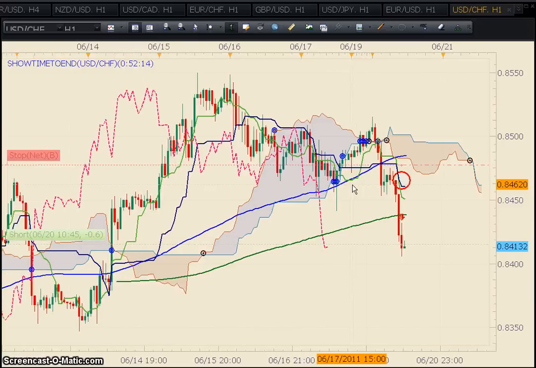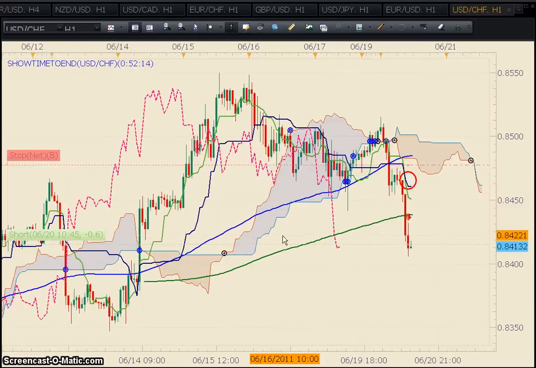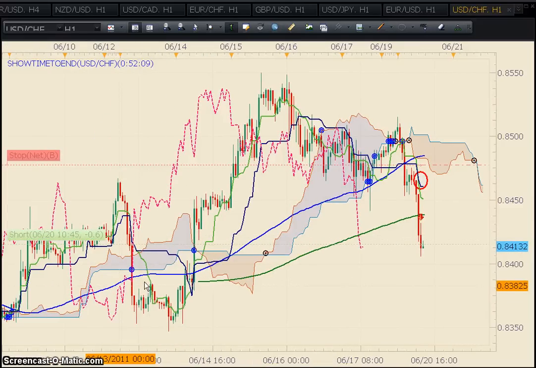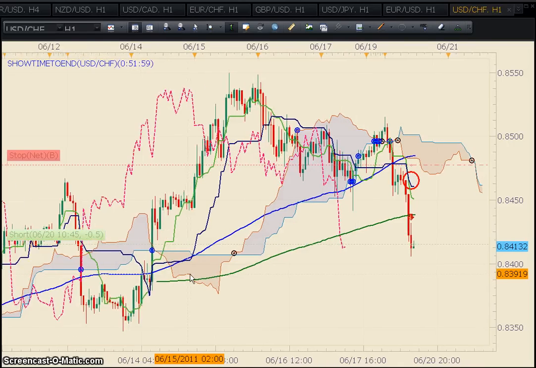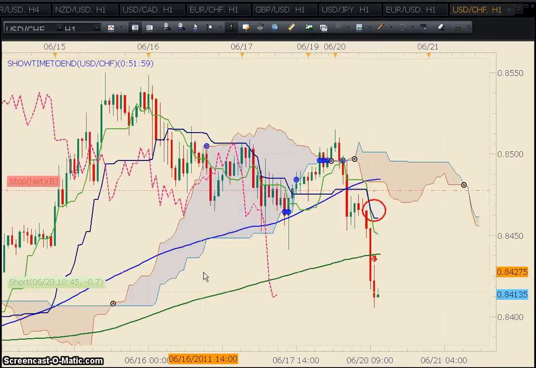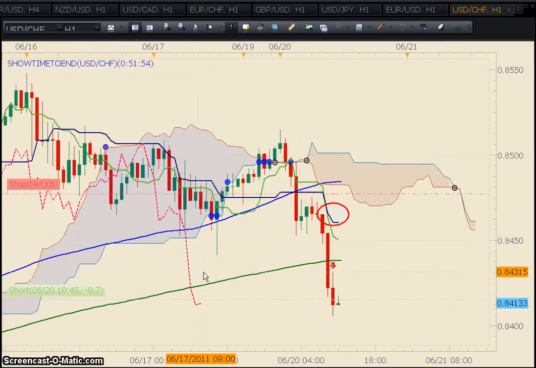If you look at that, you'll see how it runs along the Kumo right here, and it runs right here. A lot of times you'll get into a breakout and then your next thing you'll be running into is the 100 bar moving average. So you don't want that to stop you. You want to look at that because that's something that a lot of traders look at.